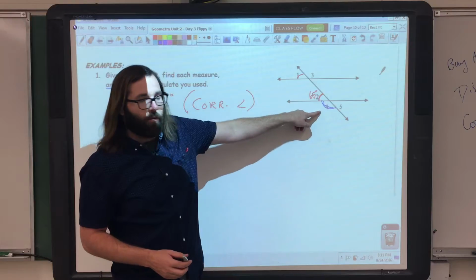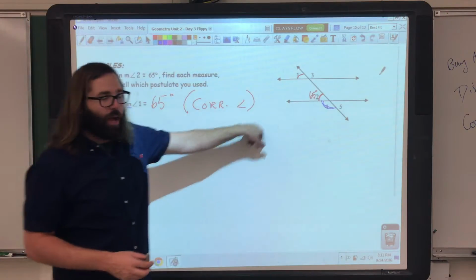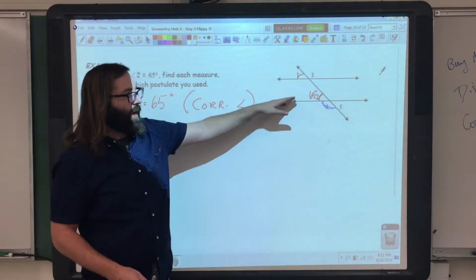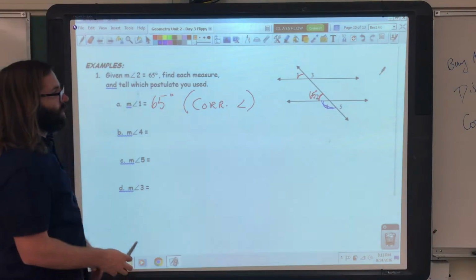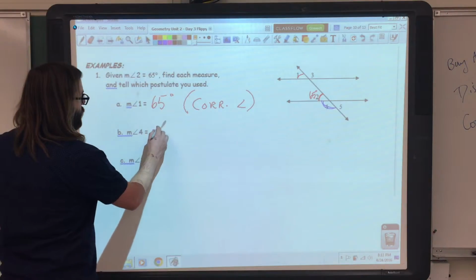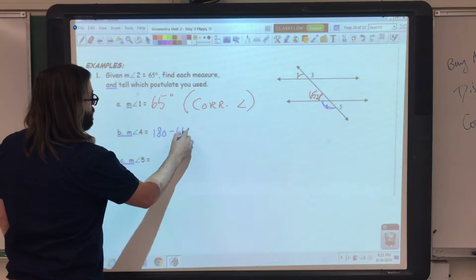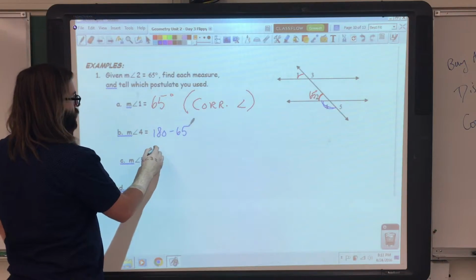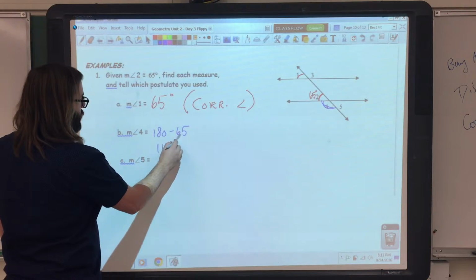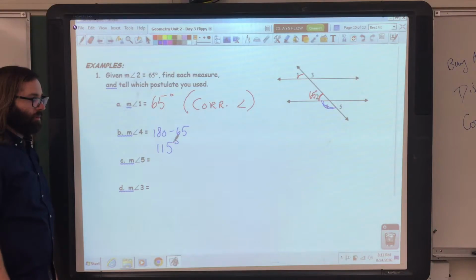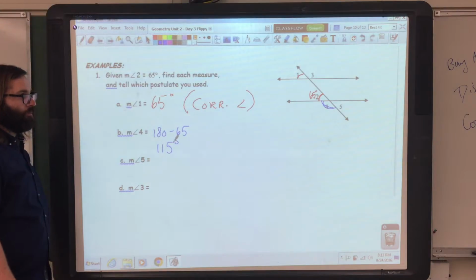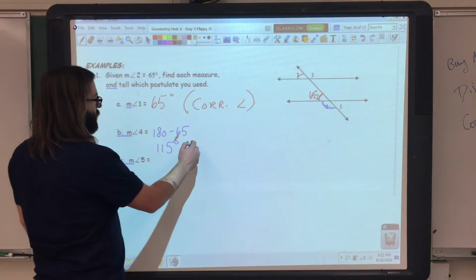These 2 angles form a straight angle. They're a linear pair, which means they add up to 180. So to get angle 4, you would do 180 minus 65, which is equal to 115 degrees. Okay, because they are a linear pair.